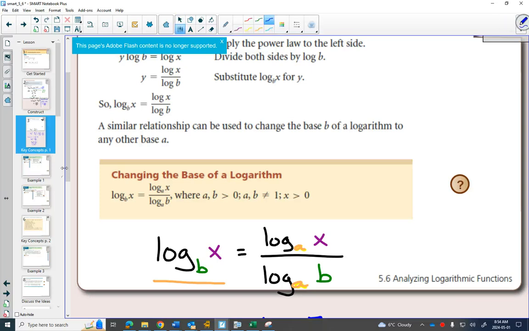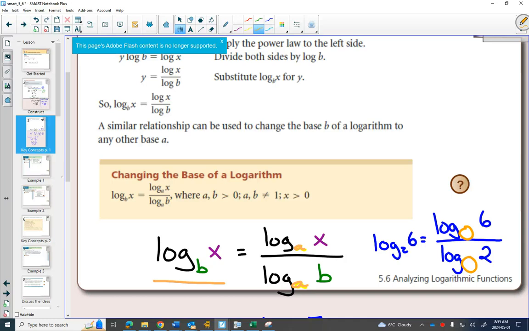Which means if I had log base 2 of 6, which is what we were dealing with before, I can change it to log of anything of 6 divided by log of anything of 2. I can put any number in there that I want, because the A is only on the right-hand side, as long as I put the same number in there.